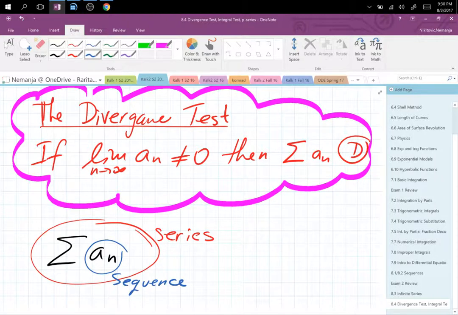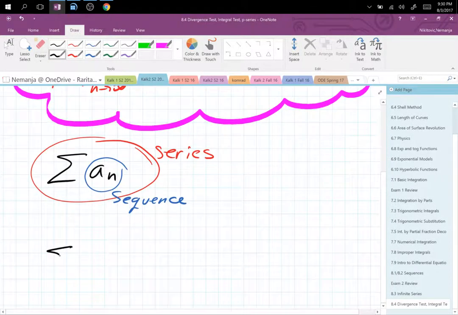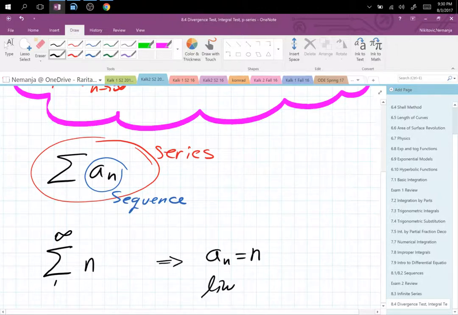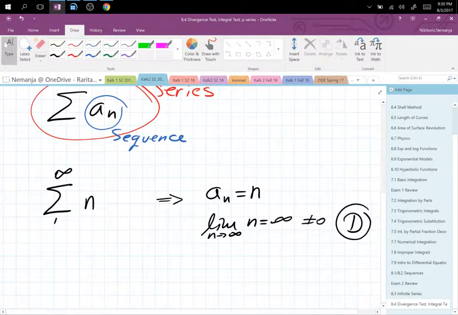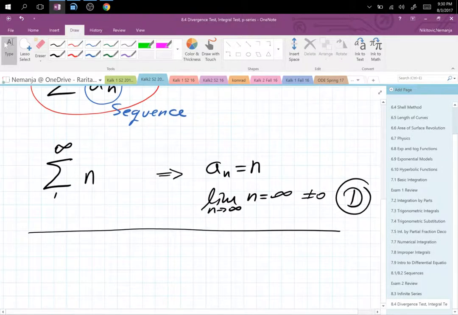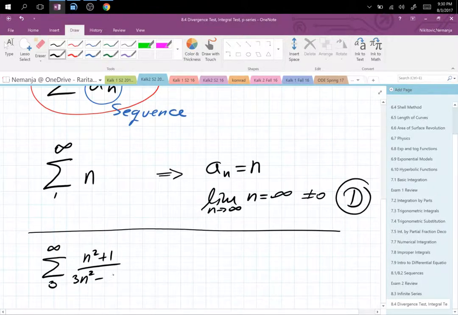So here are the examples. Summation from 1 to infinity of n. You will immediately pick that a_n is n, and you hit it with the limit. You would get infinity, which is clearly different than 0, so it diverges. Done. You might have a series from 3 to infinity of (n squared plus 1) over (3n squared minus 9).